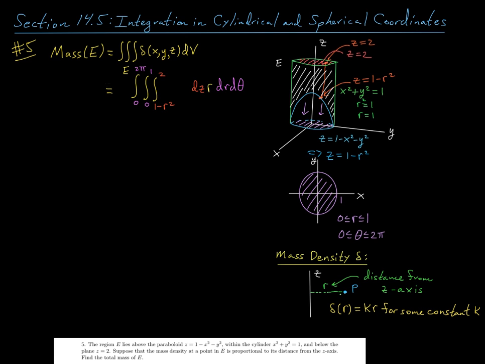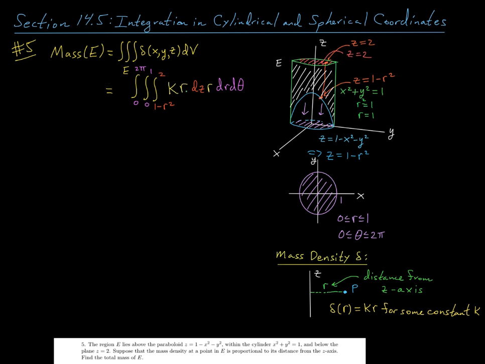And if our mass density is proportional to that distance, that means our density function, which depends just on that radial distance, would equal some constant k times the radial distance r. So this right here would be our density function, and I'll put that in right here. We're going to have k times r.